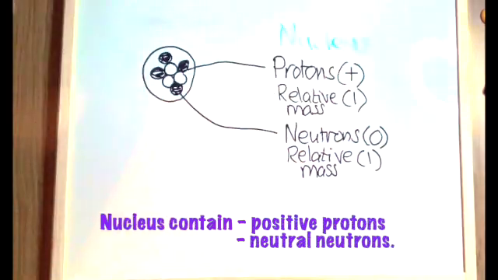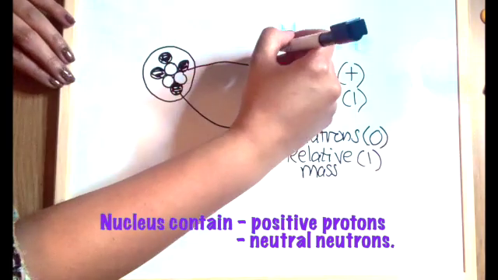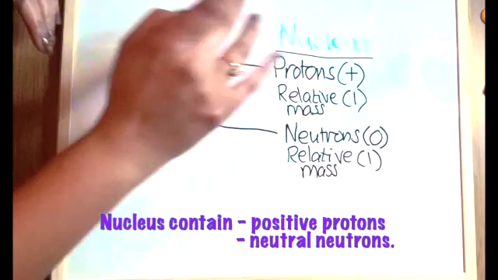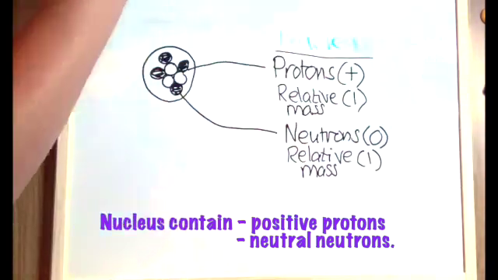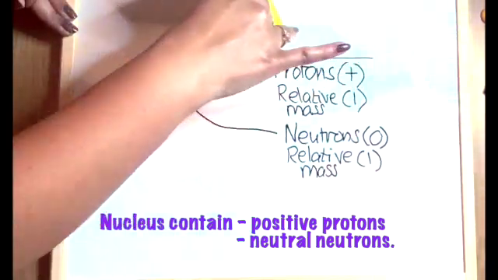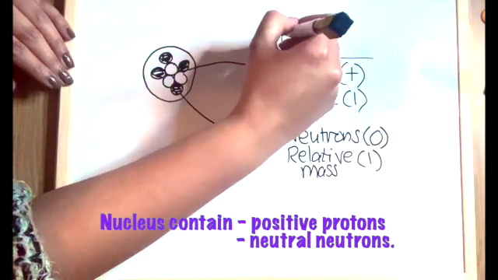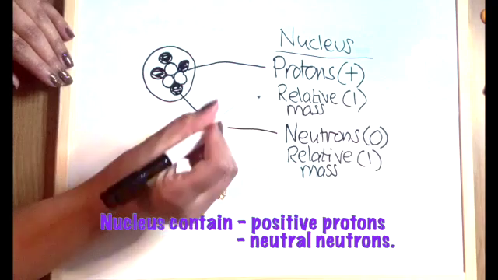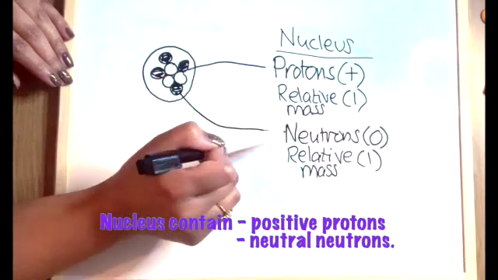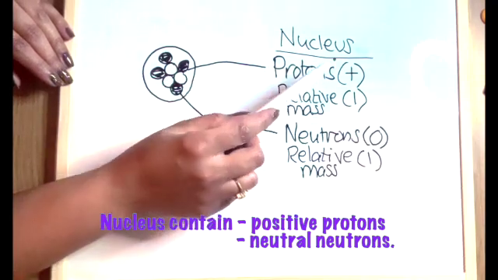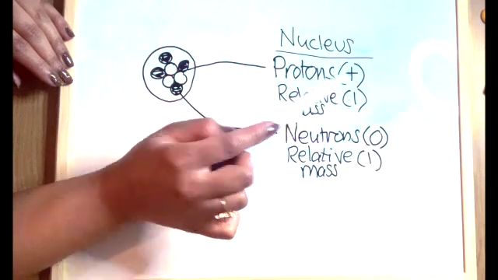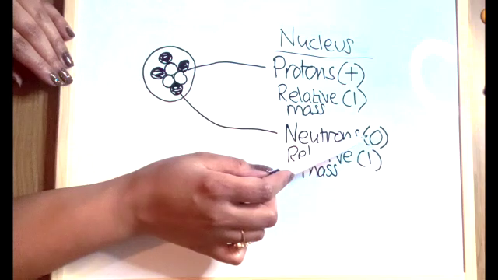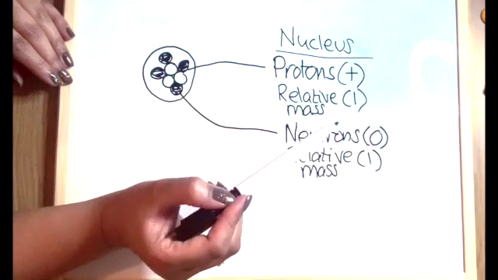The nucleus therefore contains the protons and the neutrons. Protons, positive charge, mass of 1. Neutrons, 0 charge, not positive, not negative, and a mass of 1.